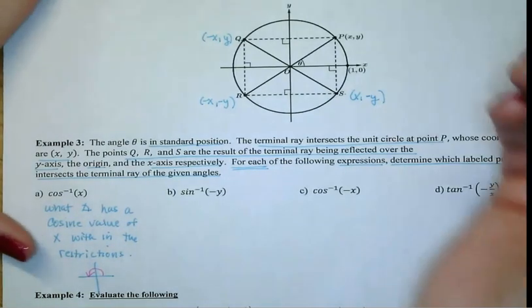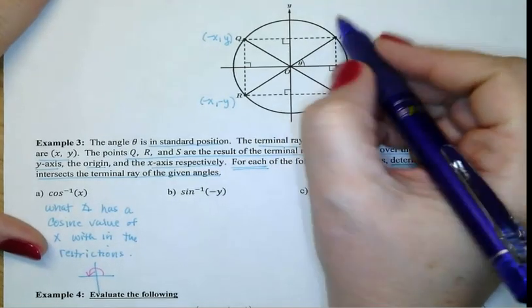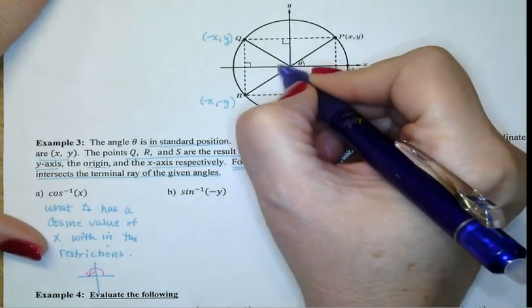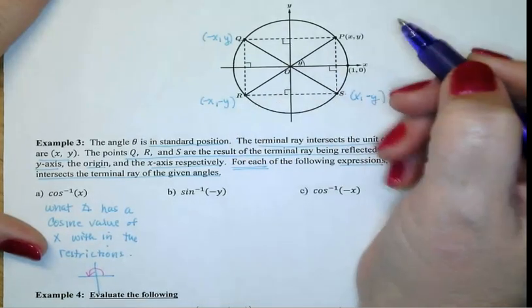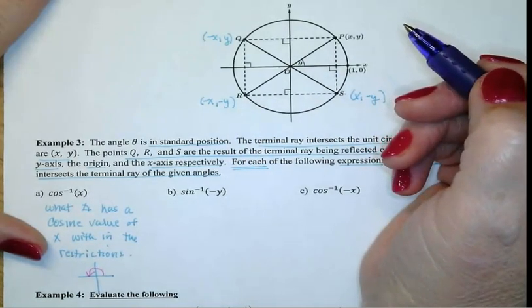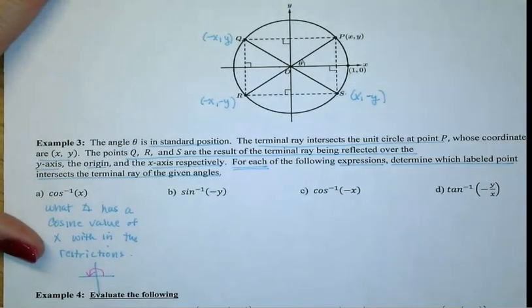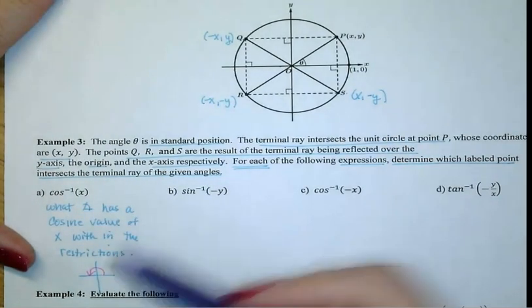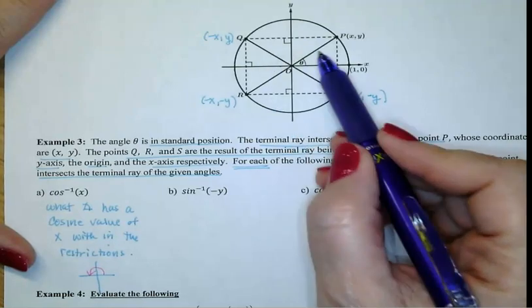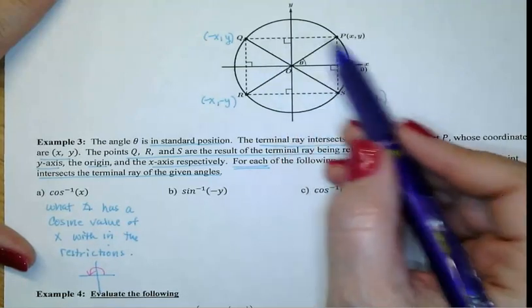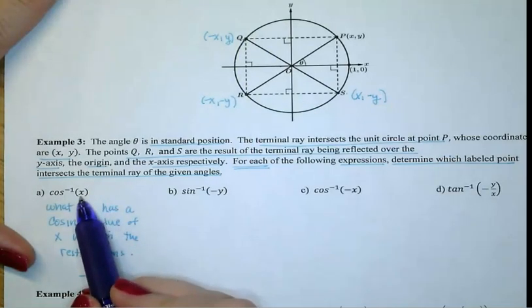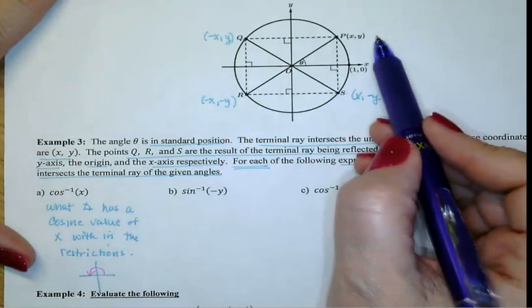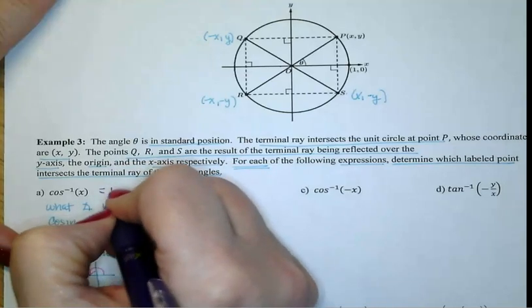As I'm looking at my graph here, keep in mind that I had been restricted from here to here. So what point would that cosine value be? Because we know where our restriction is, there are two possible points, point P and point Q. Which one has a positive x value? That's going to be point P.